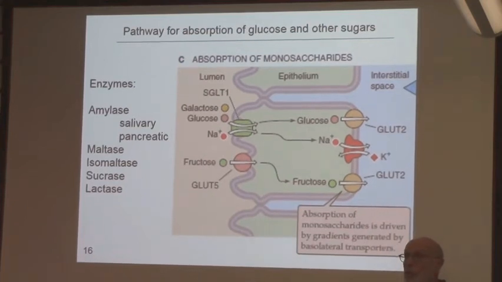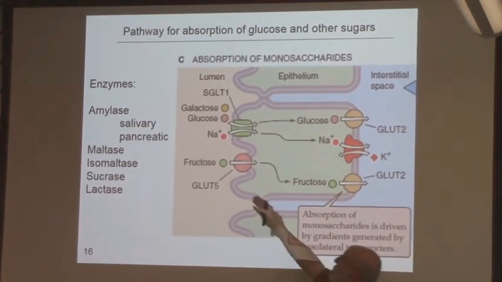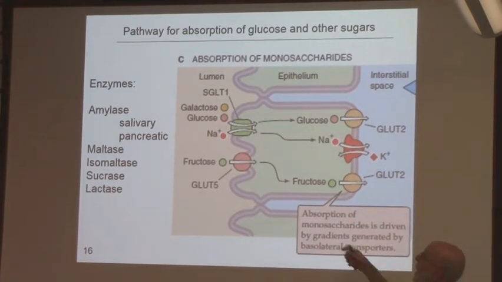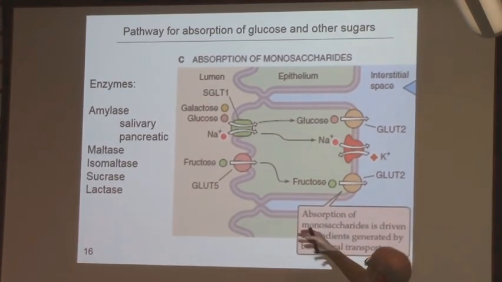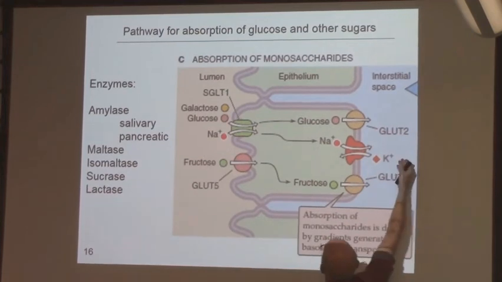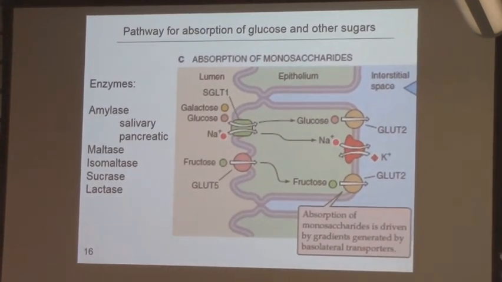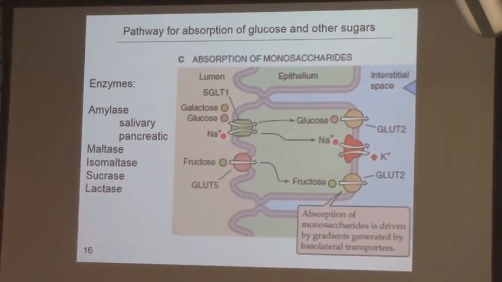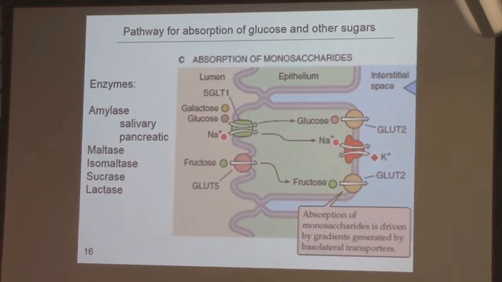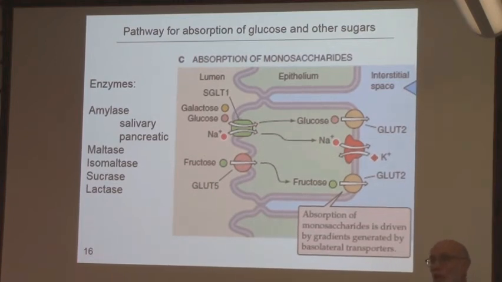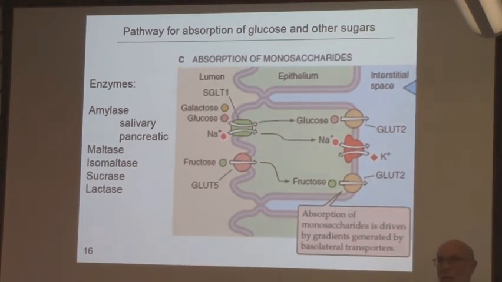So fructose flows down its concentration gradient passively, whereas glucose and galactose are pumped and then flow down their concentration gradient. So that part you've seen before, you've already learned it. Questions about that? This is the molecular mechanism for the absorption of sugars from carbohydrate.